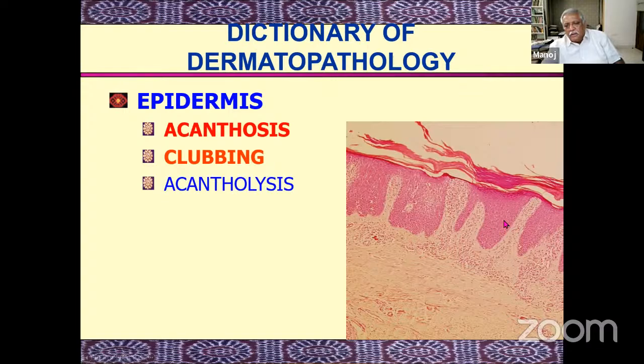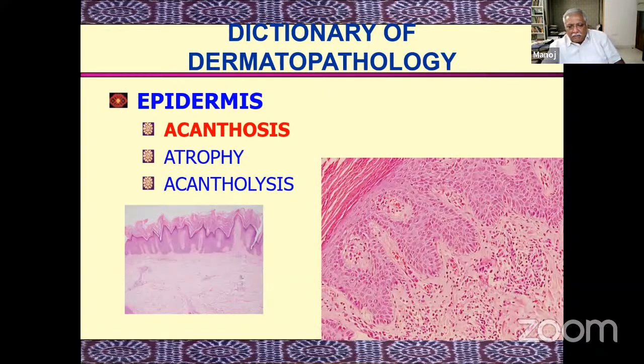This is a single one, but these are regular. On the other hand, you may have irregular acanthosis, in which we have another slide coming up, in which you have masses of squamous cells, and you may have mixtures.